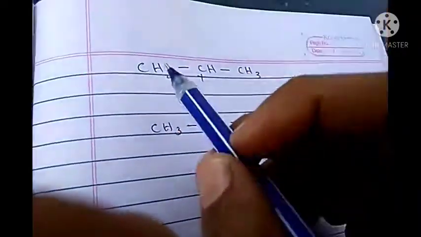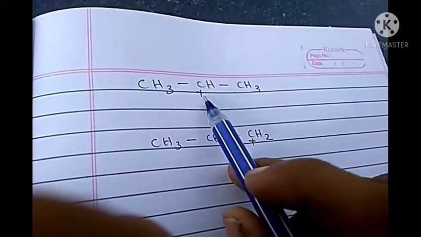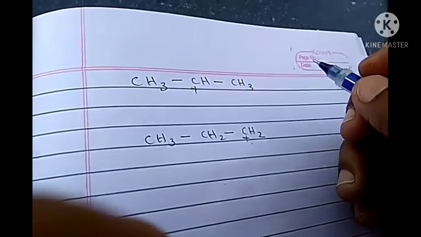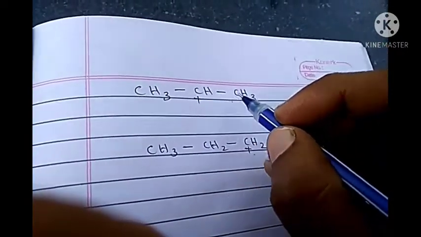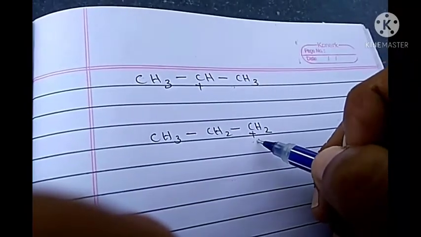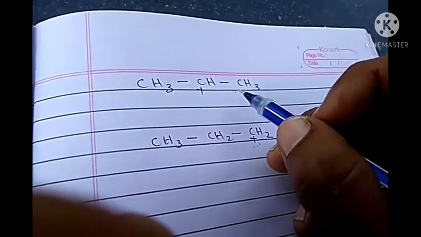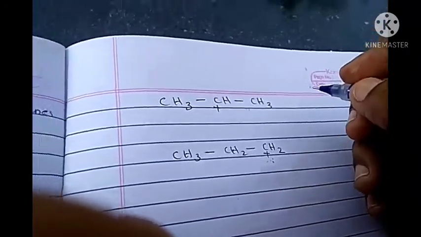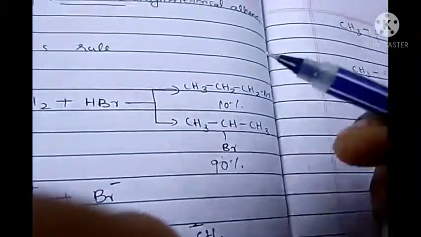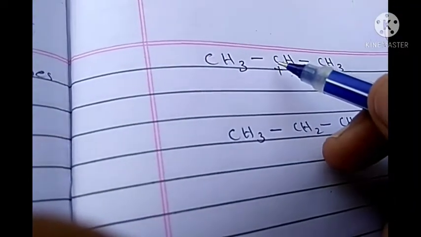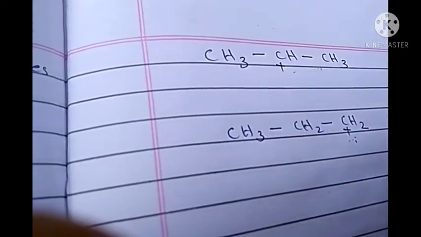These are the two carbocations we got: this is the secondary carbocation, and this is the primary carbocation. The secondary carbocation is more stable, so it will be formed very fast compared to the primary carbocation, and it will be formed in more amount. As a result, the nucleophile Br- can easily attack this secondary carbocation and form a covalent bond with this positively charged carbon.